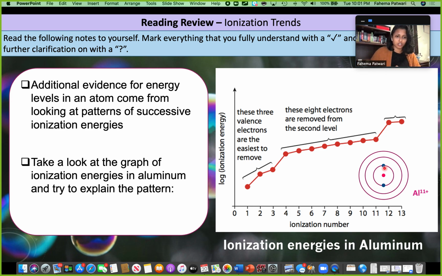From n equals 1, which is the closest to the nucleus, the most tightly held on, and requires the most energy to remove. So that is the pattern. Whenever you see a sudden jump in the increase of ionization energy, that probably means you are now removing an electron from a lower energy level.